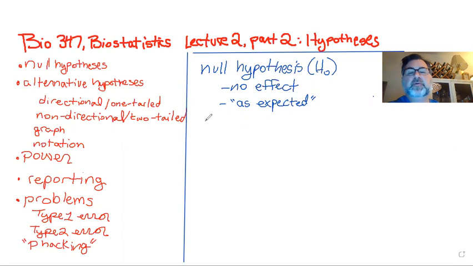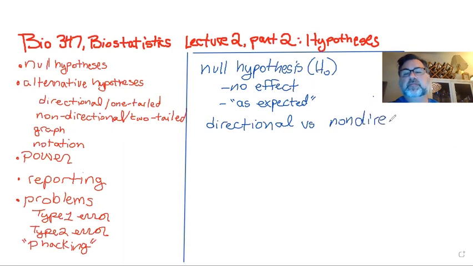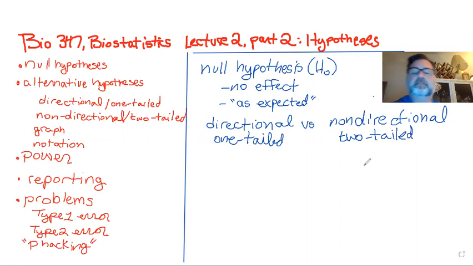And it's important to understand directional versus non-directional. These are also called one-tailed, and the non-directional tests are called two-tailed.